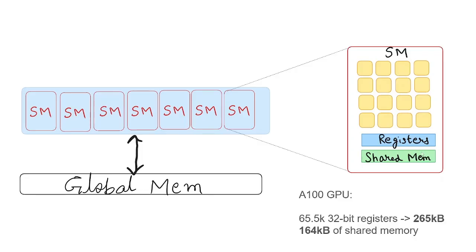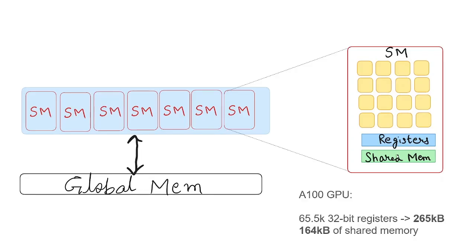And we have about 164 KB of shared memory on the A100, which is not a lot. So shared memory is basically something that all the threads within the block can access. They can put data in the shared memory, which other threads in that same block can use.